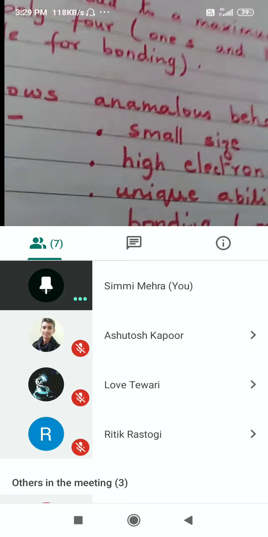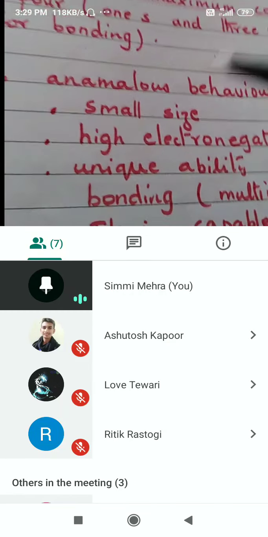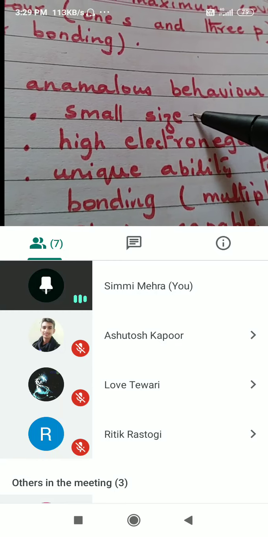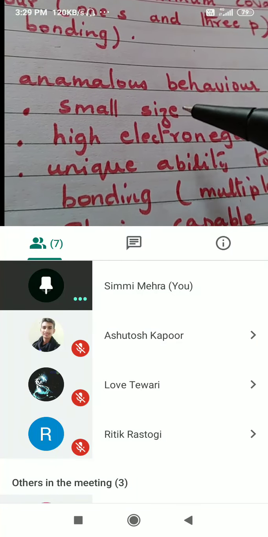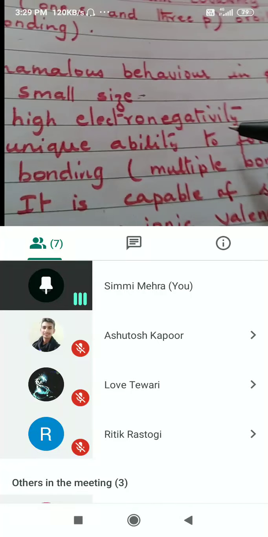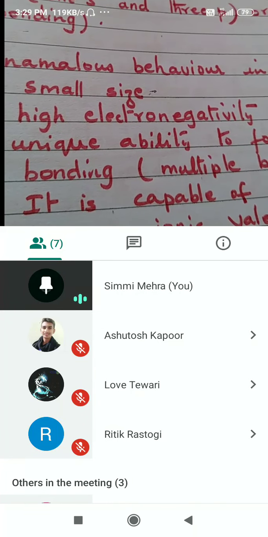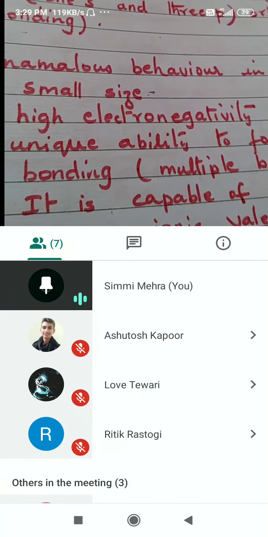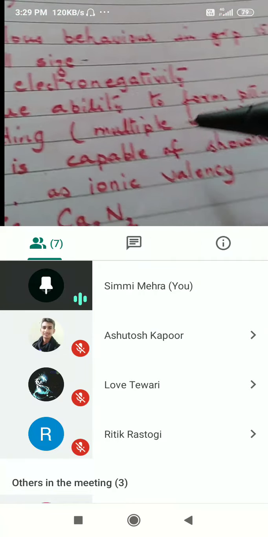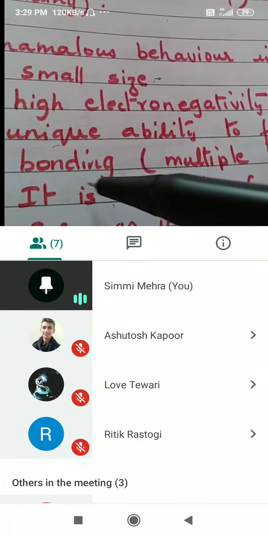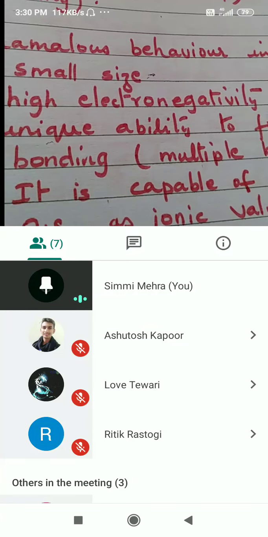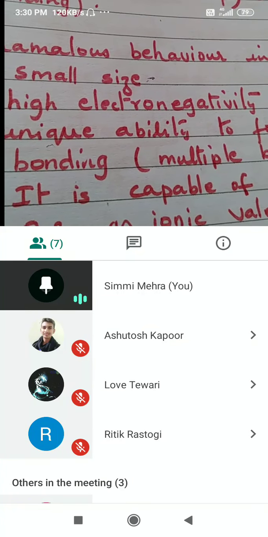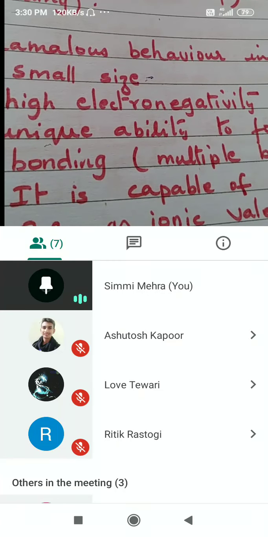Here in case of nitrogen, small size, there is a vast difference in size between nitrogen and phosphorus. Smallest size, high electronegativity. Nitrogen in group 15 is the most electronegative element. Unique ability to form p-pi bonding. Why does it form p-pi bonding? Because it is smaller in size and the p orbitals can overlap sideways.